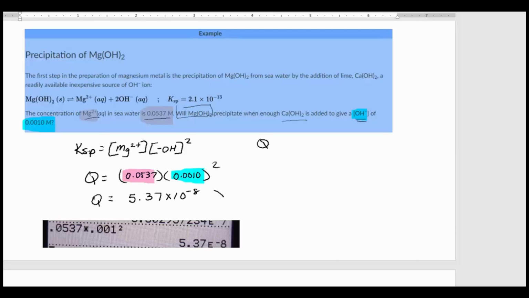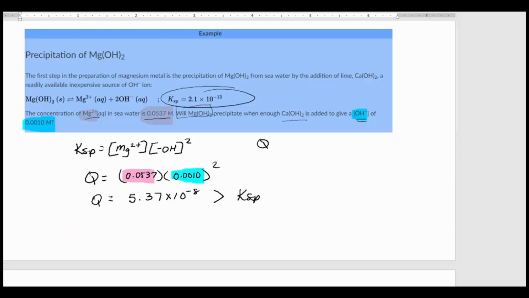Now this is greater than the KSP value that is given to me. Remember how equilibriums work. When the Q value is greater than the K value, that means we need to shift left in order to reach equilibrium. So there will be a precipitate in this solution. So because Q is greater than K, there will be a precipitate.